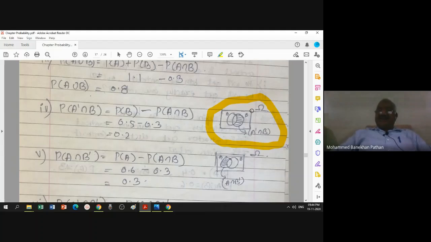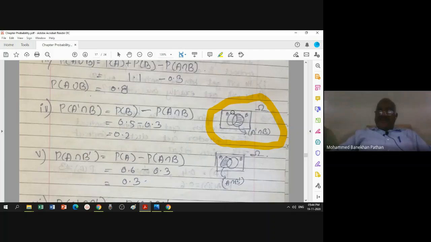Treat this rectangle as omega. Draw two circles which are connected and locate your event. How to read this? It will be described as the part of B outside of A.